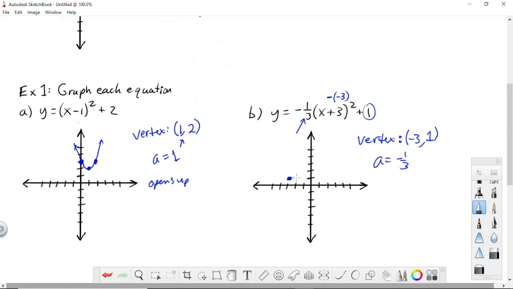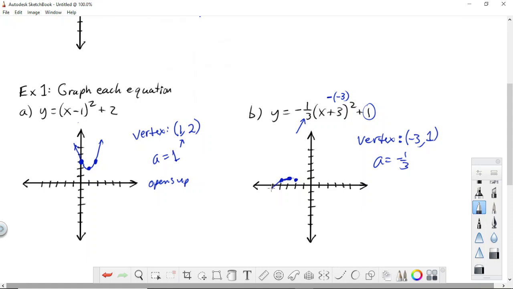So out 1 gets us to right there. Okay, I'll temporarily make that. That's out 1, right? And then from there we go down by 1/3, which is not very much, like that. And we go the other side, out 1, we go down just 1/3. Something like that. And that's our parabola.